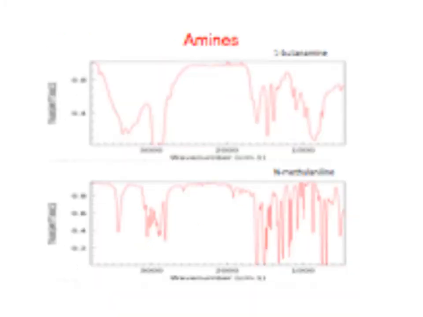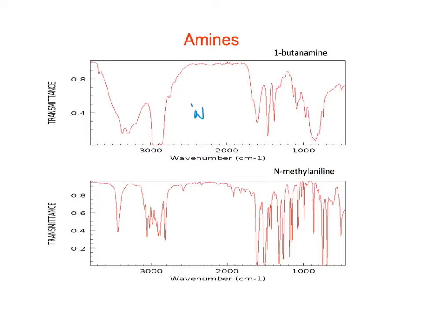Okay, down in that OH range, we can also see NHs. So here's butanamine. One of the interesting things, I think, is that we usually see the same number of NH stretches as we have NH bonds.